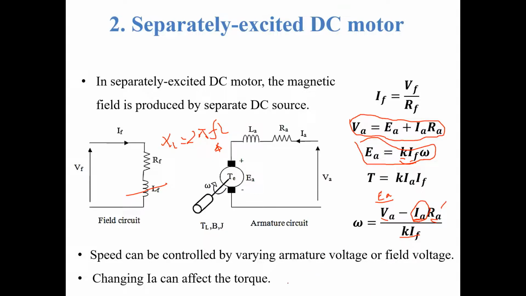The first is by varying the armature part, I mean armature current, armature resistance, or armature voltage. The second is the field part, which can be field voltage, field current, or, of course, field resistance, but these are mostly constant. By doing this, we can control the speed of a separately excited machine.